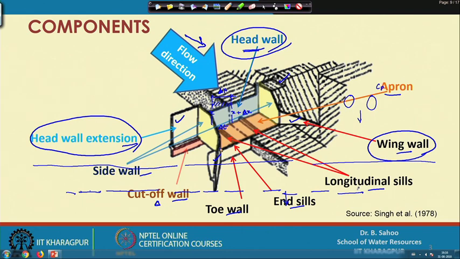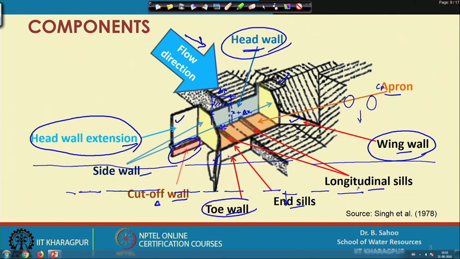Fourth one is the cut off walls. This side one cut off wall and this side also there is a cut off wall. These walls provide structural strength against sliding of the drop structure, prevent piping failure and reduce uplift pressure. Then toe walls, you can see this is my toe wall.